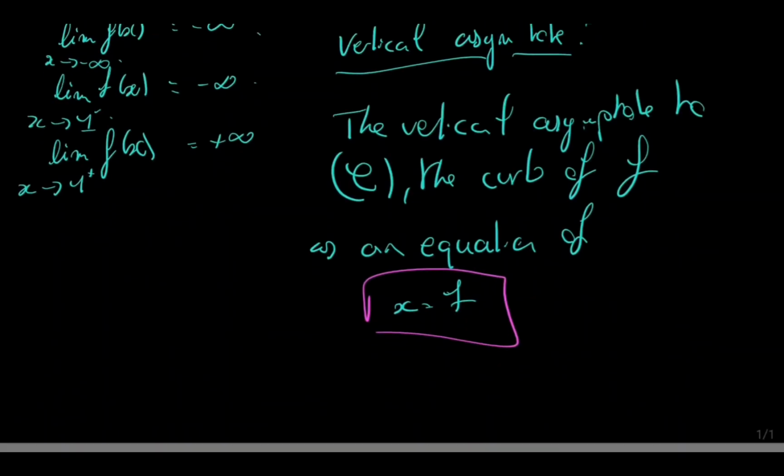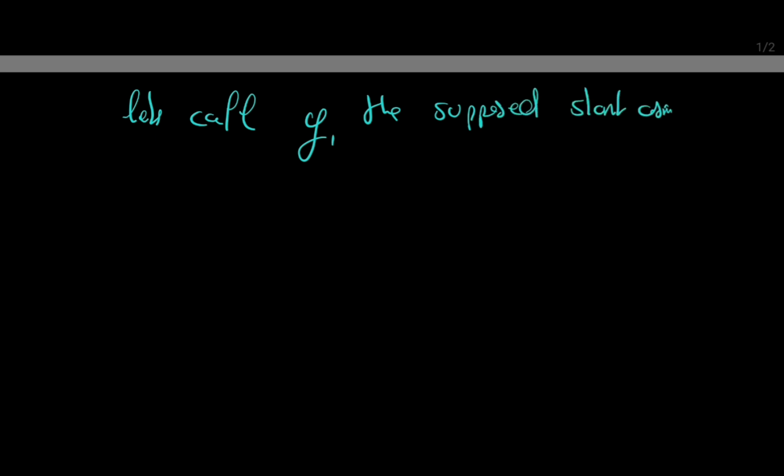Okay, and how do we prove that? So, second part of the question, let's call y1 the supposed slant asymptote to C. We just name it and suppose that this is the slant asymptote.